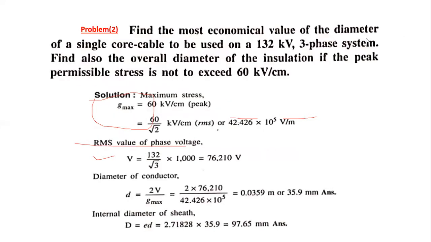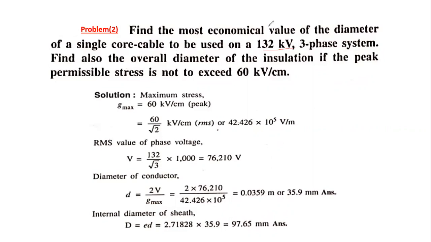Next, coming to the second problem. Find the most economical value of diameter of a single core cable to be used on a 132 kilovolt three-phase system.